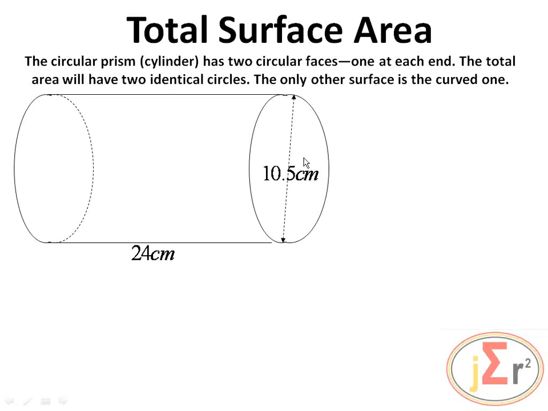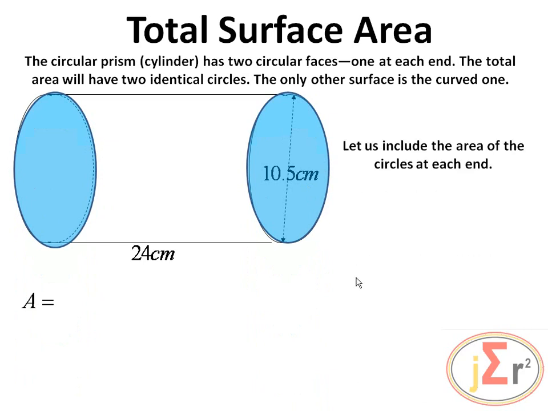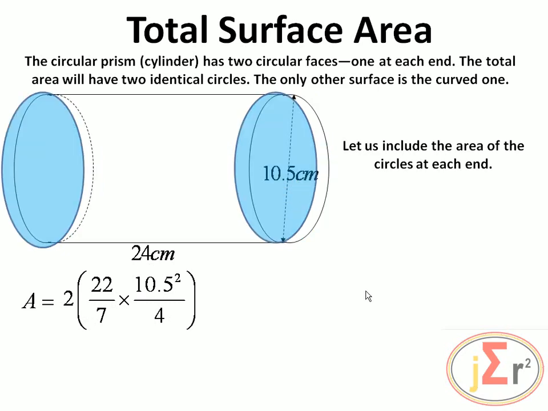The only other surface is the curved one. So we have the two circles at the ends. So let us include those areas in our total surface area. So 2 times the area of the circle, and of course we are using pi d squared over 4 because the diameter is given.